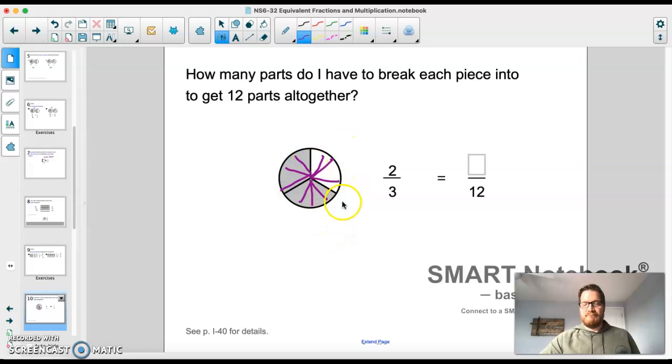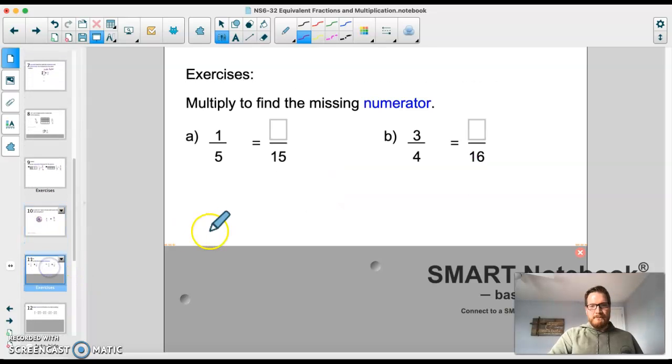But that means that I'm going to get 8 sections, 1, 2, 3, 4, 5, 6, 7, 8 sections all told. But what I need to realize is that I'm going to be using multiplication instead of a diagram.